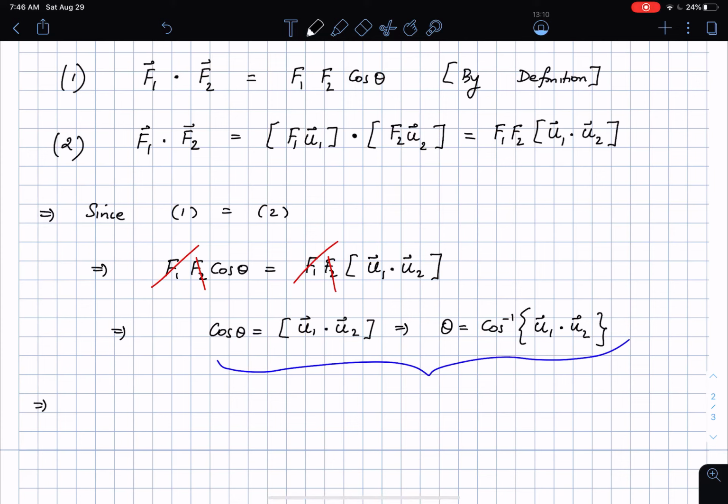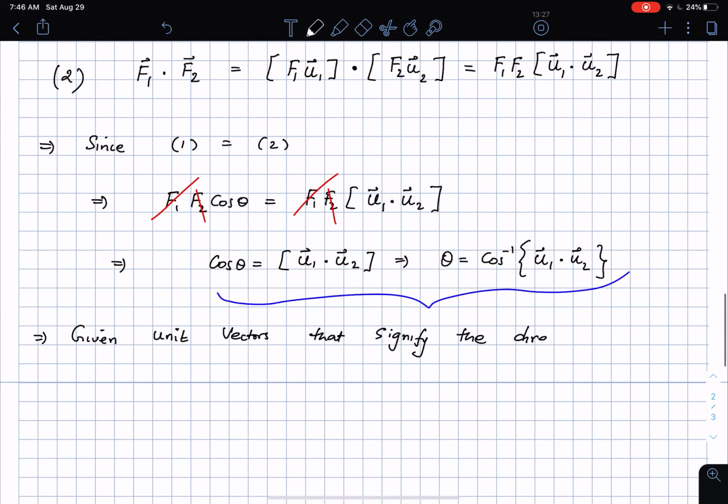Okay, which means that given unit vectors that signify the direction of two vectors, we can find the angle between them.